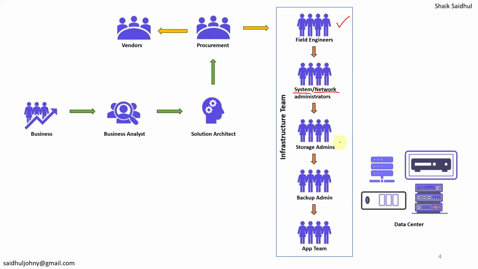Now the application team will deploy the code on top of this infrastructure. Then your application is running here. So this is the entire process to be followed by companies following the traditional working model.